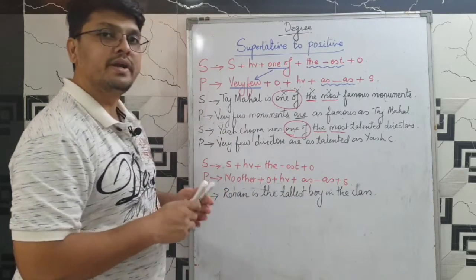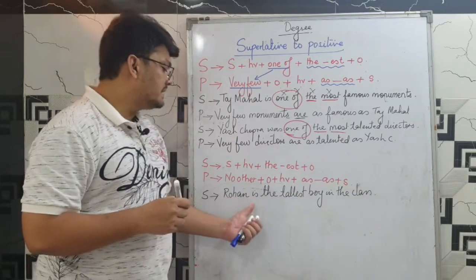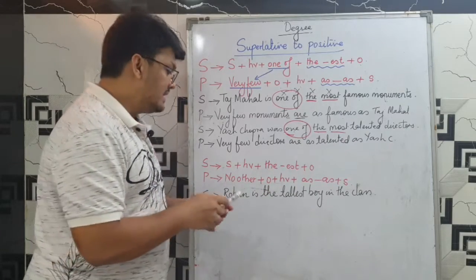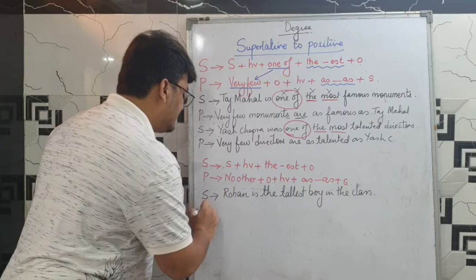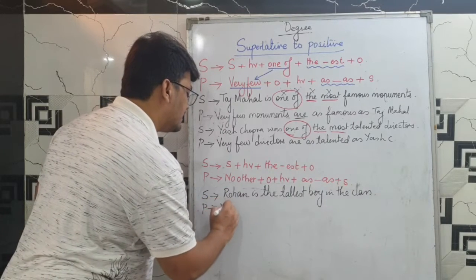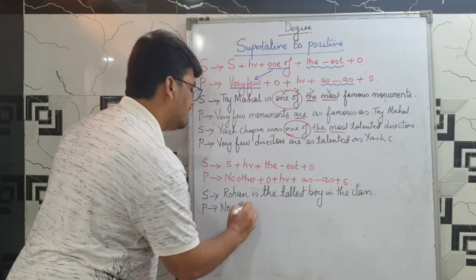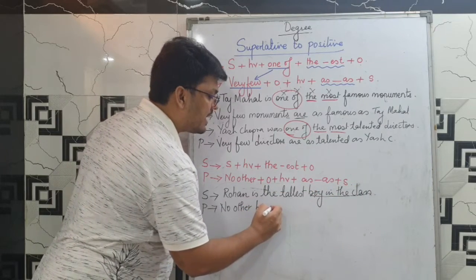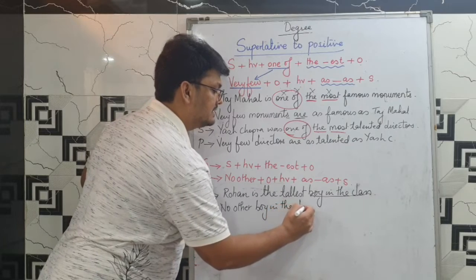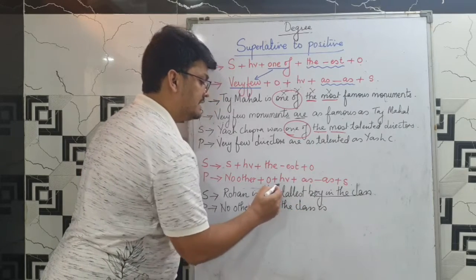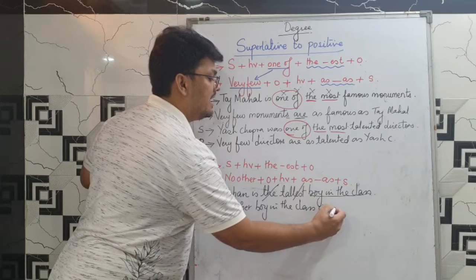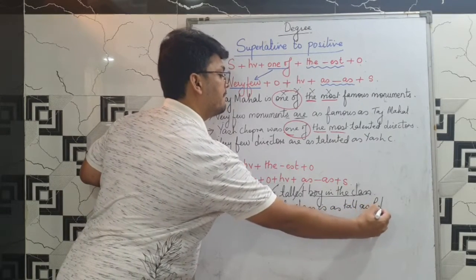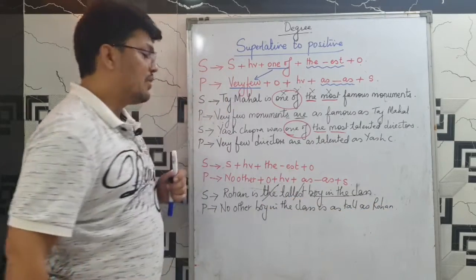So you can see, students, that in this type of superlative degree, there is no one of. So in this type of superlative degree, the positive degree will start with no other. So no other, what? This part will come. No other boy in the class is, cancel this, cancel est, is as tall as Rohan. As tall as Rohan.